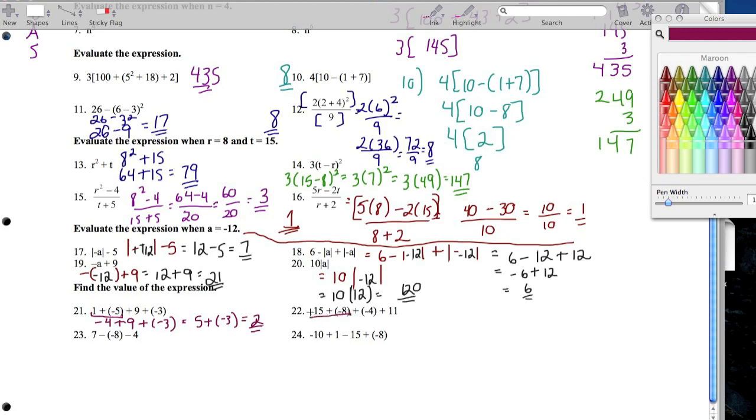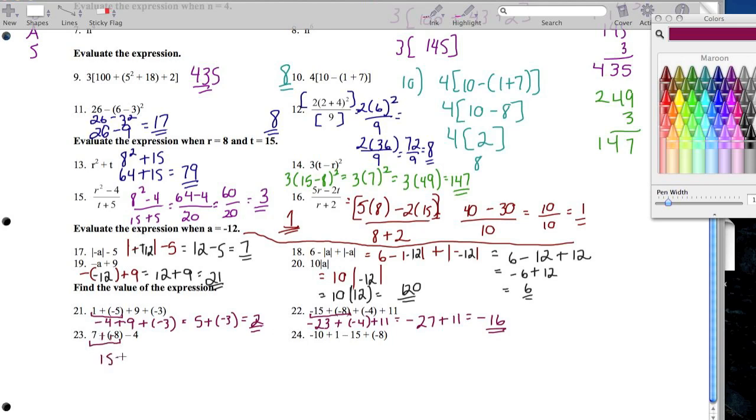22, left to right. Negative 15 plus negative 8 is negative 23. Negative 23 plus negative 4 is negative 27. Negative 27 plus 11 is going to give me negative 16. Okay? 23. 7 minus negative 8 is really the same, add the opposite.